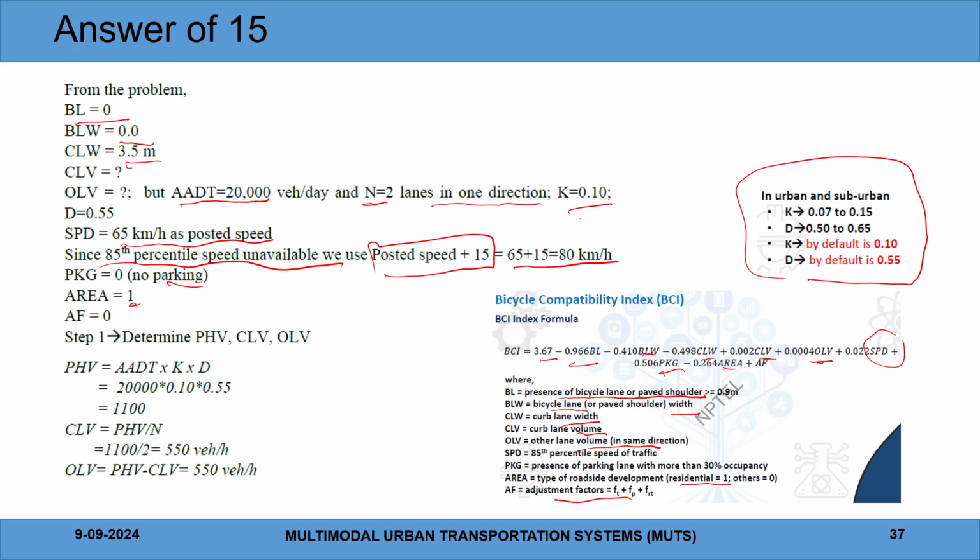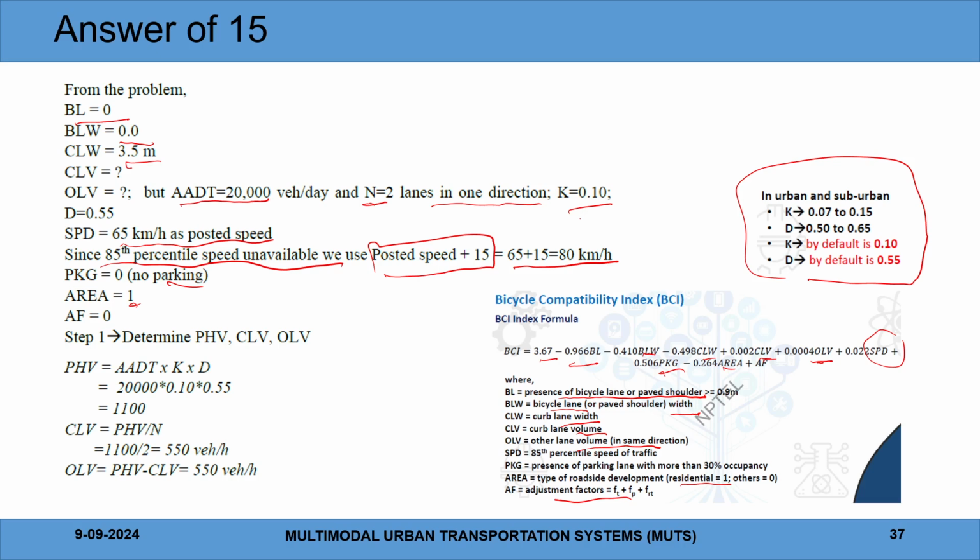Yes, by default we are taking these values. If the posted speed limit is available then it's okay, but if the 85th percentile speed is not present, in that case we generally use the posted speed limit plus 15 kilometer per hour.